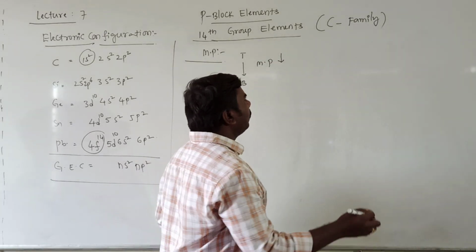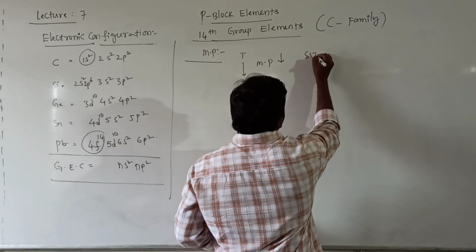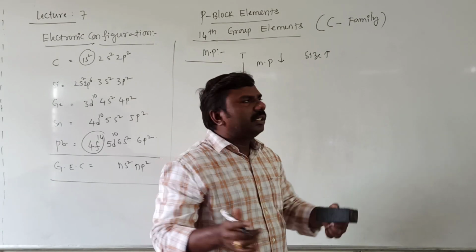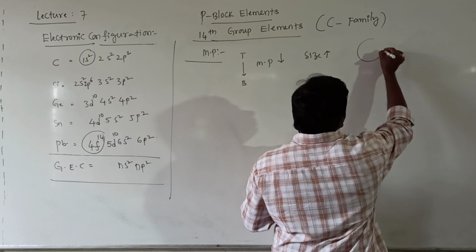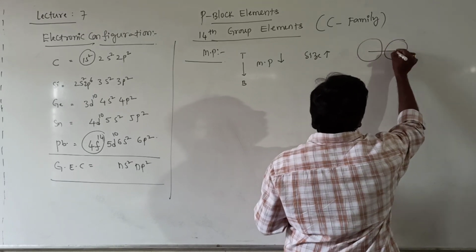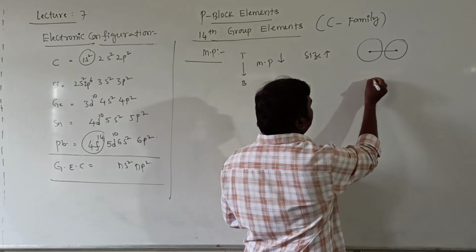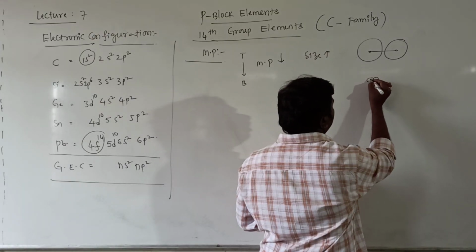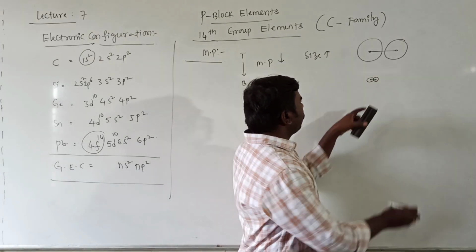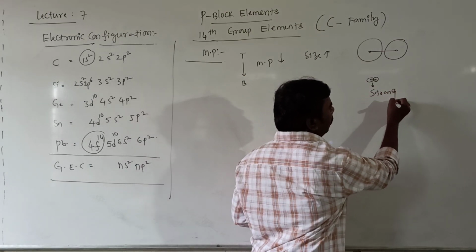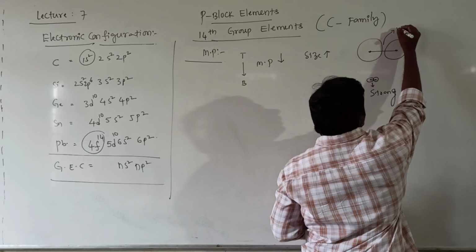The reason is top to bottom size increases. For example, it is a lead atom, another lead atom, radius is equal. If size decreases, what happens? Size decreases, small, this bond is stronger. Strong bond it is. It is weak. It is weak.